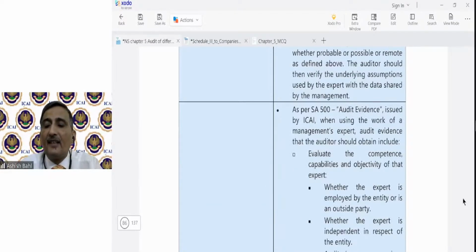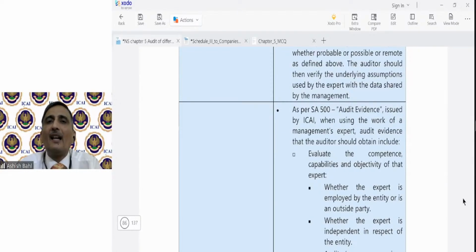So if the company has utilized the services of some expert in preparation of financial statements, then obviously the auditor would be seeing the work of the expert. If the company has hired some management expert, the auditor would be seeing the performance of the work of the management expert.